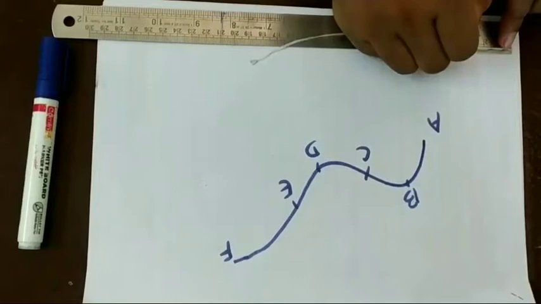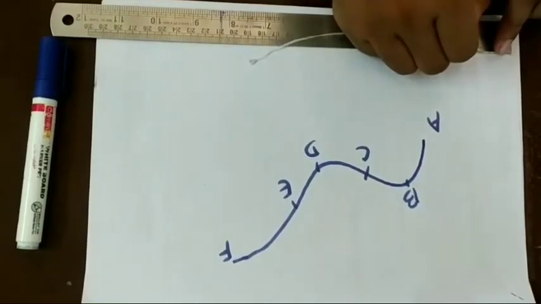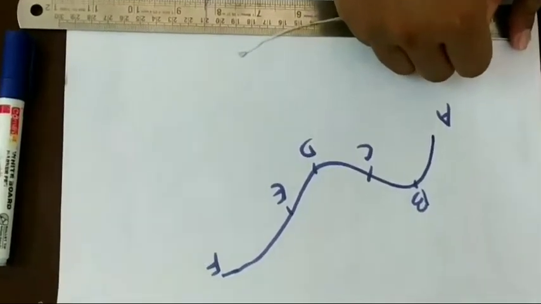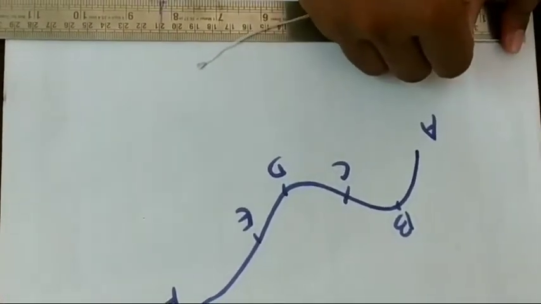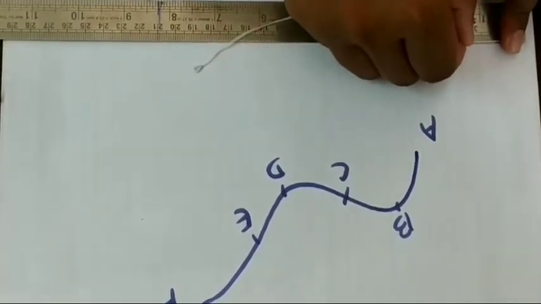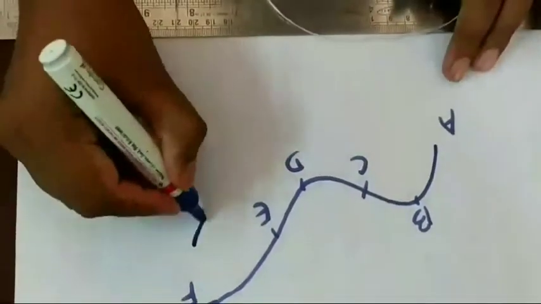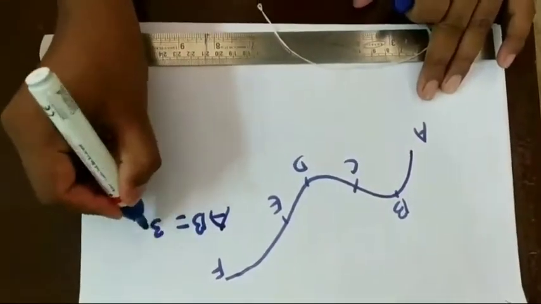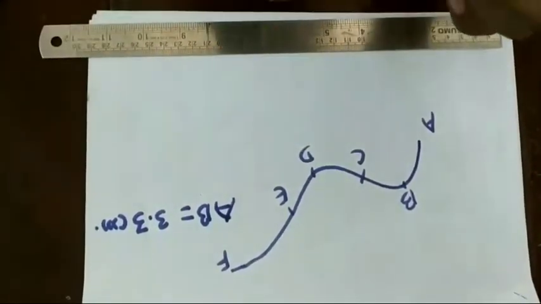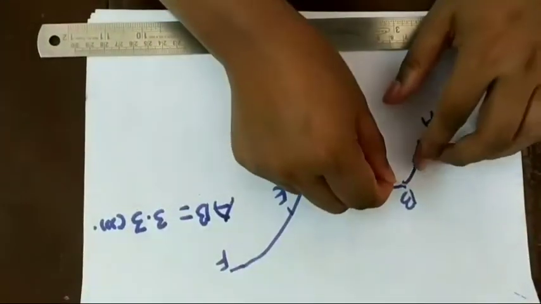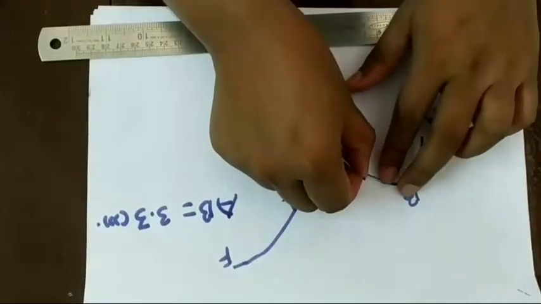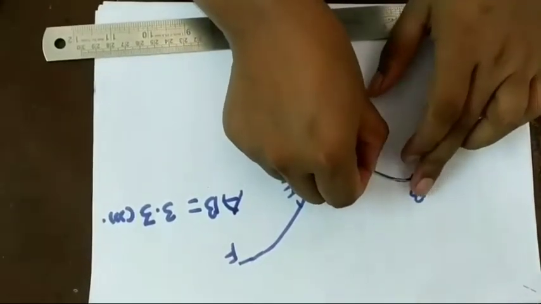See here, and the length of AB is here 3.3, okay. You will write AB is equal to 3.3 centimeter, okay. Now with the same procedure, you will find the measurement of BC, okay.